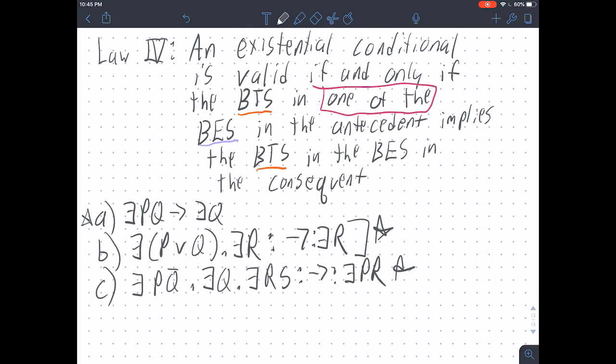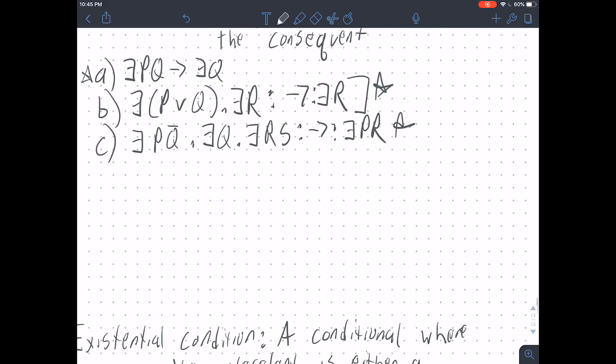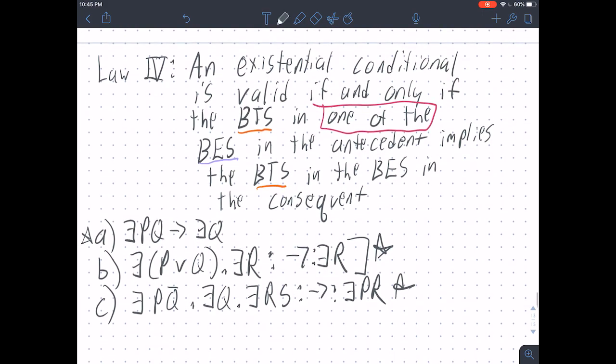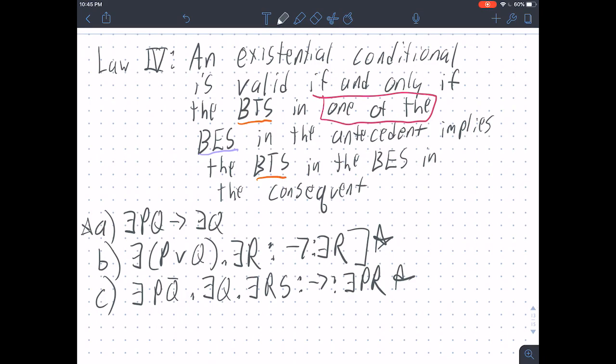You can check if you don't believe me. I've done a bunch of these, and I have a pretty good sense of how it works, though. Okay? And so that's how existential conditionals work. This is probably the most confusing one, so pay attention. If you have any questions about this, please let me know as soon as possible.